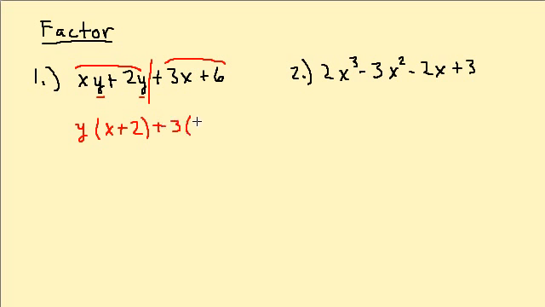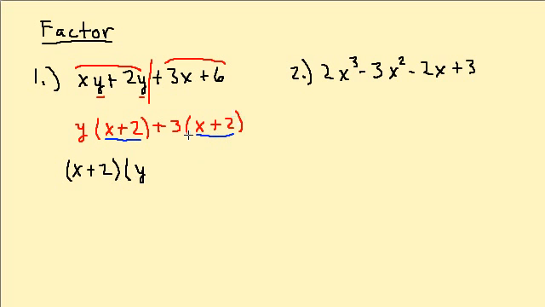So that's going to give me x plus 2. And then what I have now is I have a common binomial factor. So now I can factor out the x plus 2. And when I factor out x plus 2 out of the first part, I'm left with y.